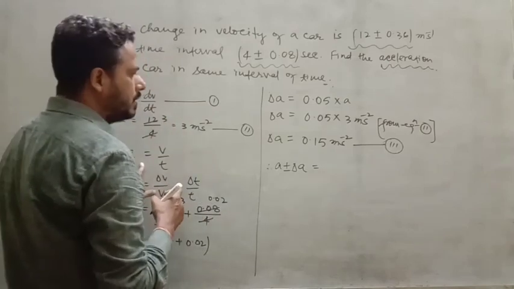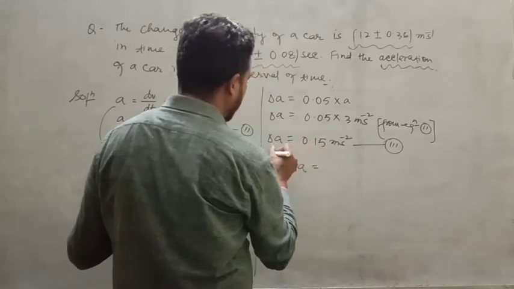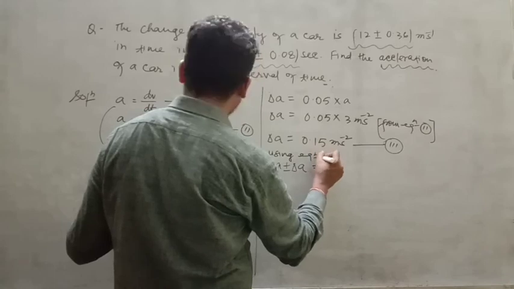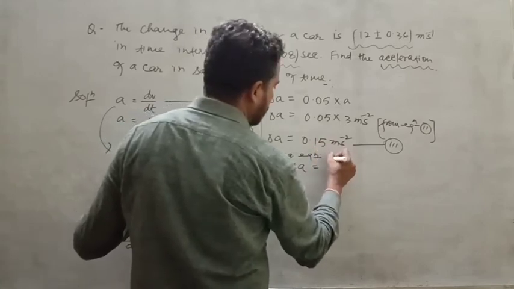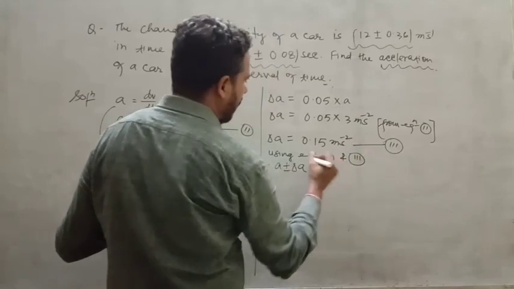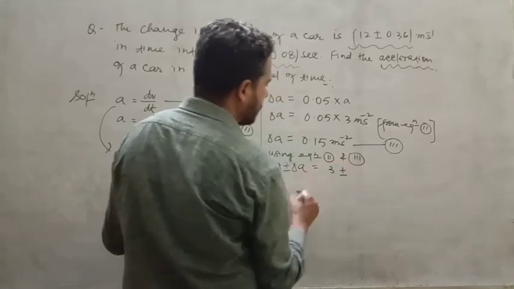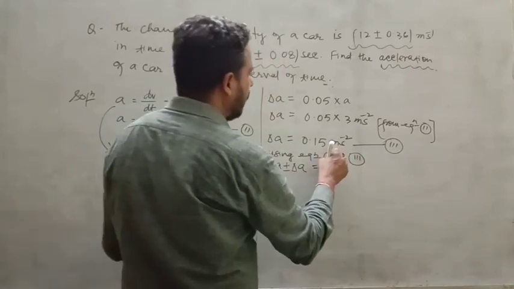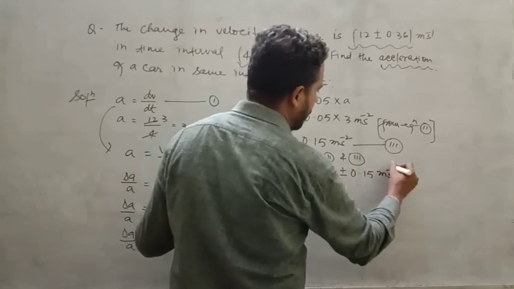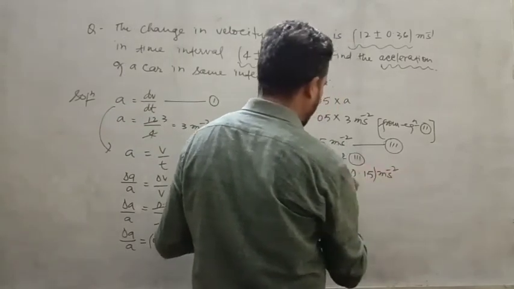Using equation 2 and 3, put the values here: a is 3 plus minus delta a, which is 0.15 meter per square second. And this is your result.